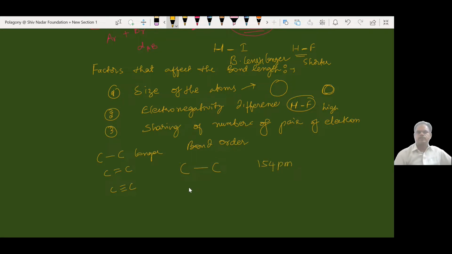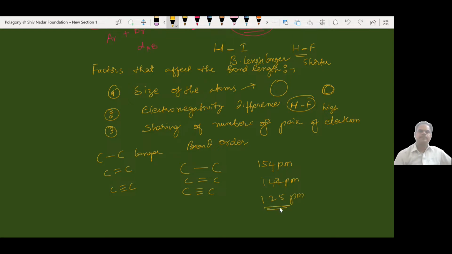The C=C double bond is around 141 to 142 picometers, whereas a triple bond is around 120 or 125 picometers.